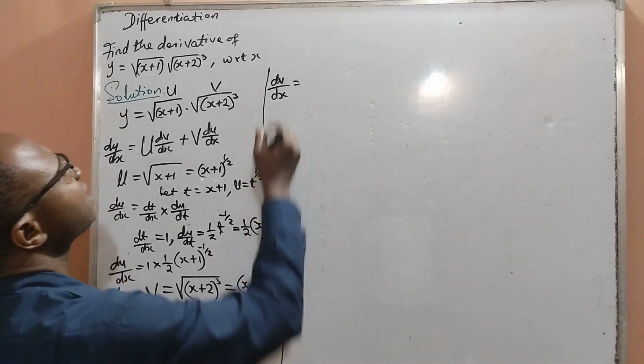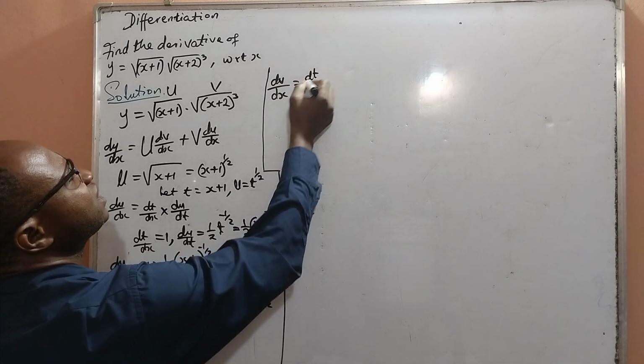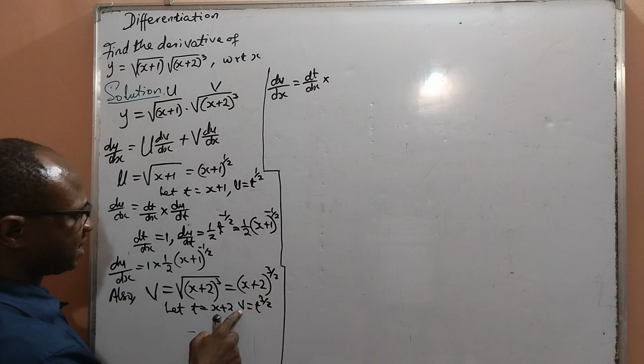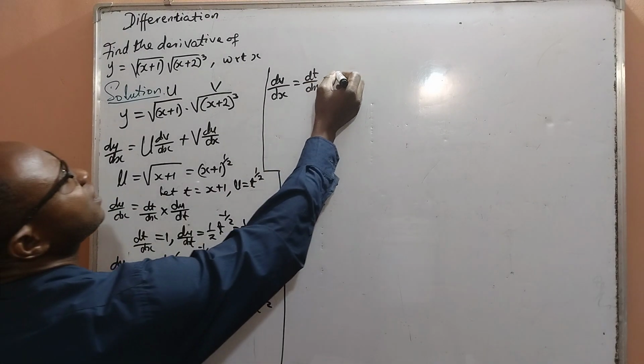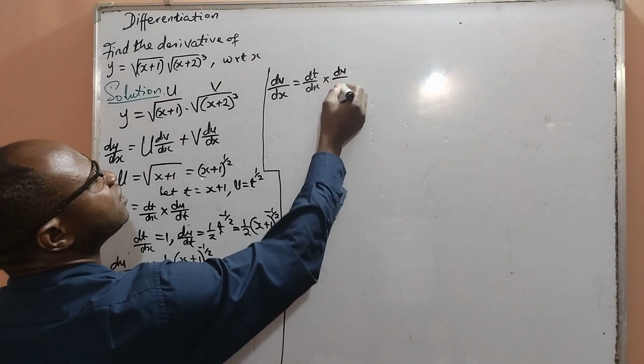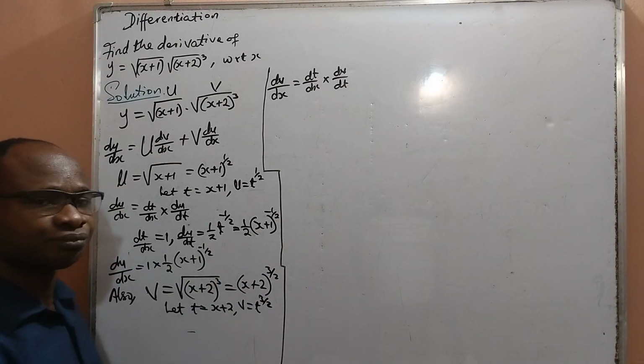Very good. Therefore, dv/dx is equal to dt/dx multiplied by dv/dt. Okay? Applying chain rule.